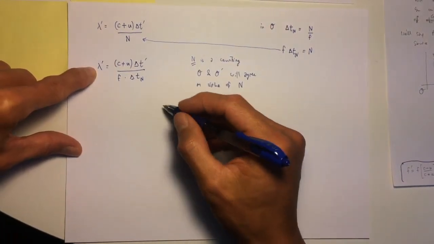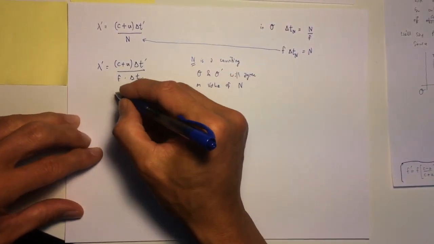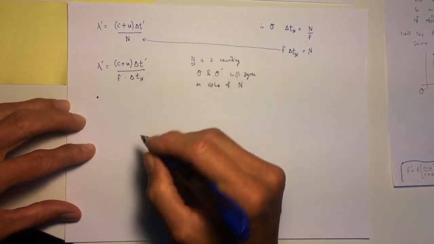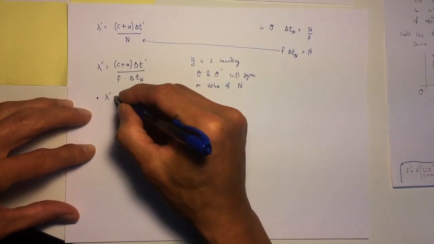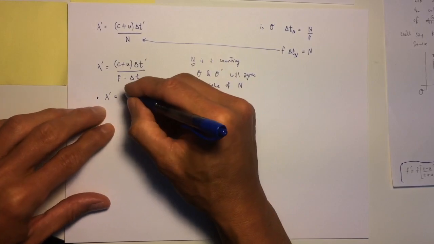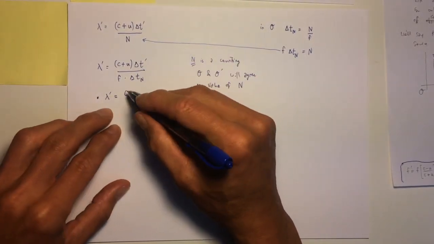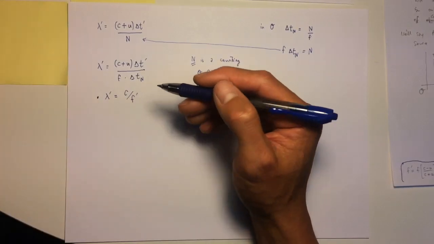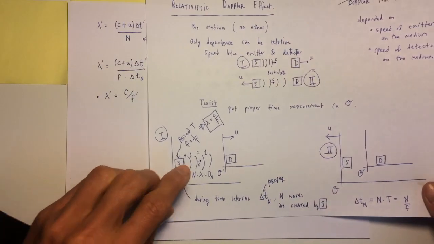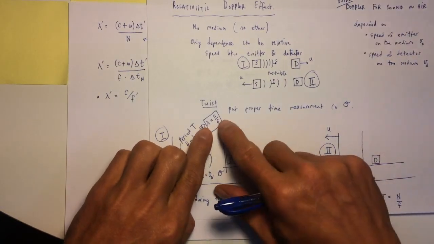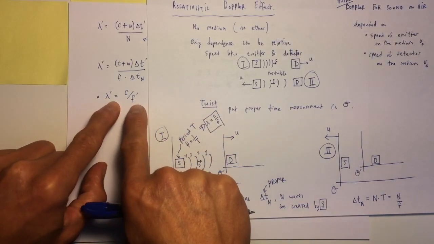So what we're going to do is two things. So lambda prime is equal to c over f prime. This is just a basic relationship about waves. I brought it up before. Here's what it looks like for data from O. This is what it looks like for data from O prime.